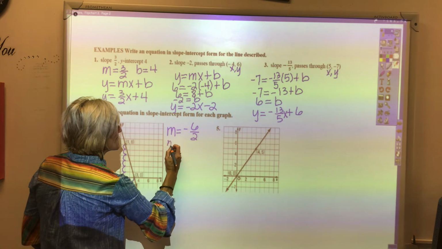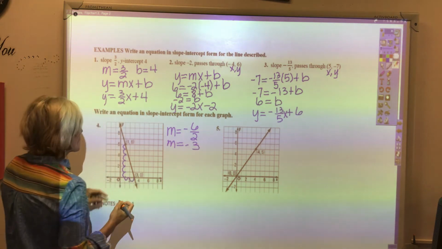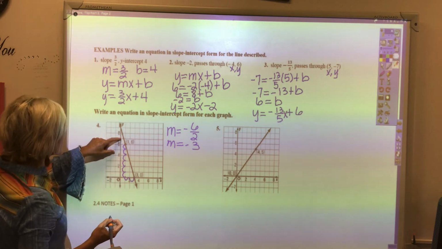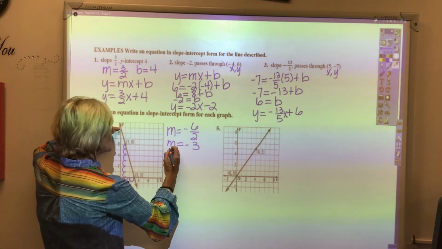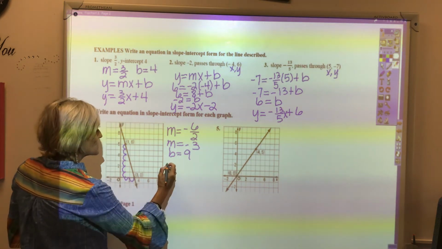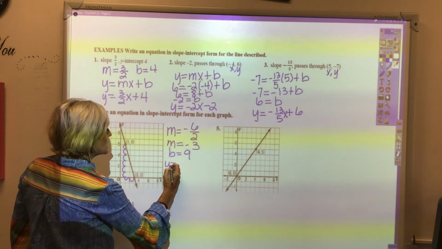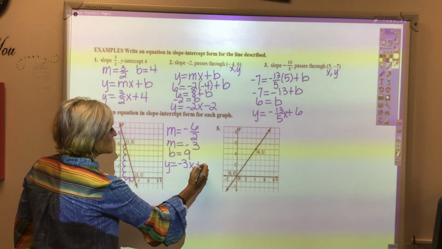Simplify that, that would be m is negative 3. Our y-intercept is up here where we cross the y-axis, so b is 9. And our equation would be y equals negative 3x plus 9.